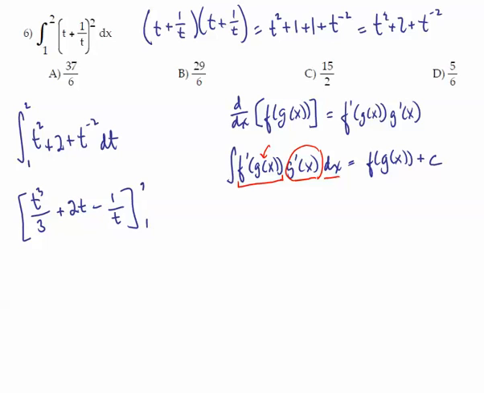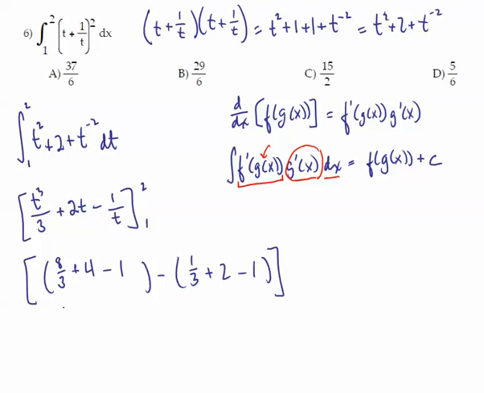And evaluating at 2 minus evaluating it at 1. So we're definitely going to have two expressions here. And 2 to the third would be 8 over 3 plus 4 minus 1 half. Then we'll have 1/3 plus 2 minus 1.